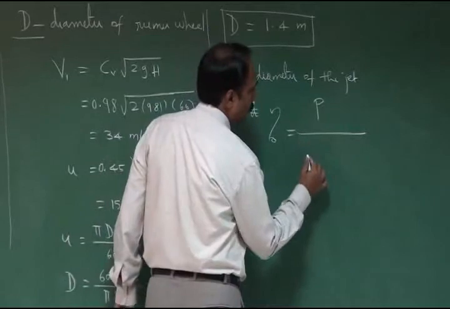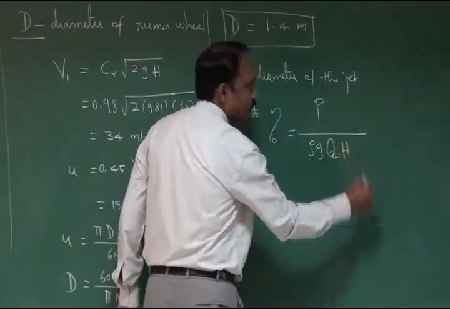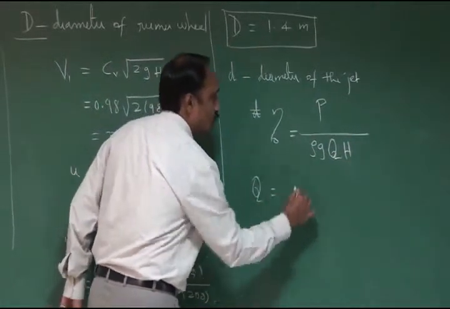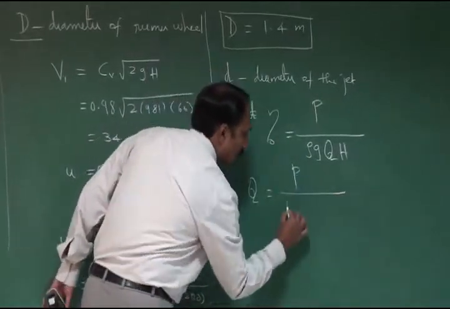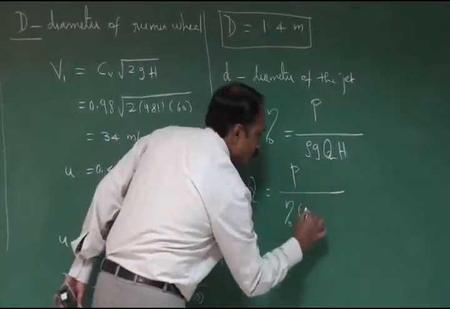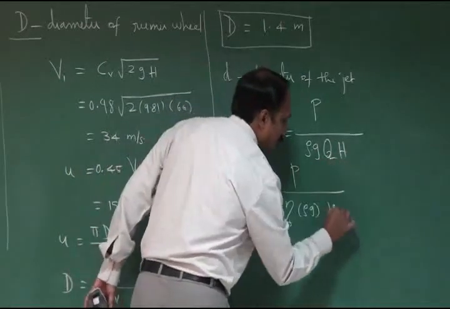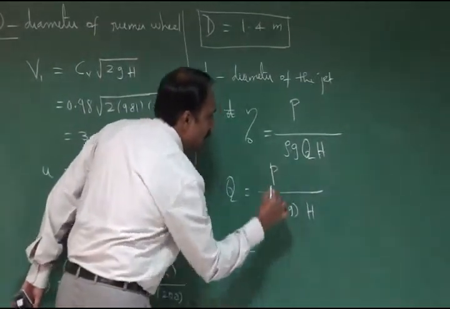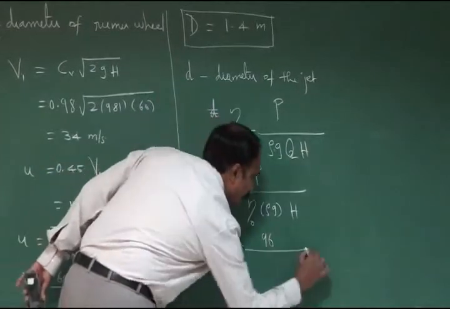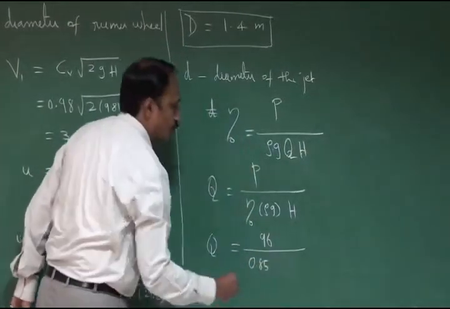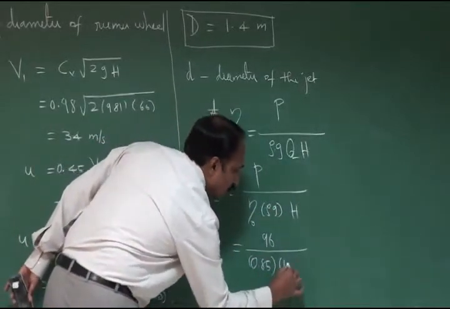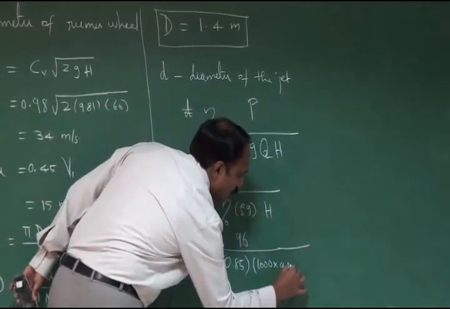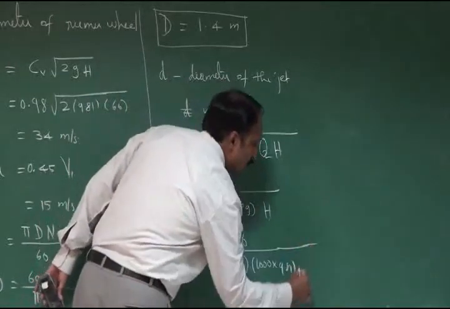Output is the shaft power, input is the water power, rho g Q H. First we calculate the discharge, the rate of flow, which is equal to output power divided by efficiency, specific weight of the water, and the available head. Q equals the power, given as 96 kilowatt, divided by efficiency 0.85 into density 1000 kg per meter cube, g 9.81, and head given as 60 meter.